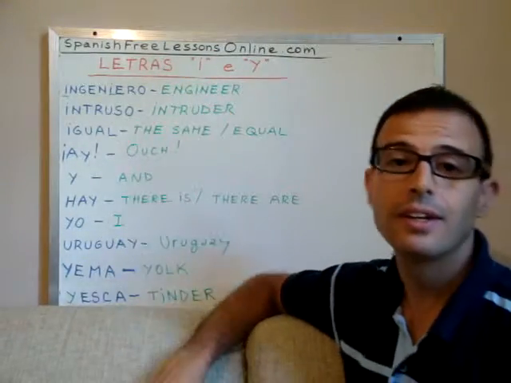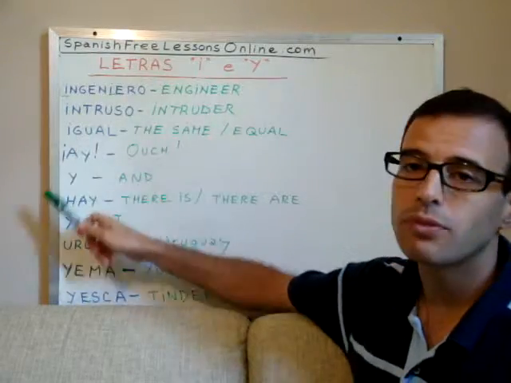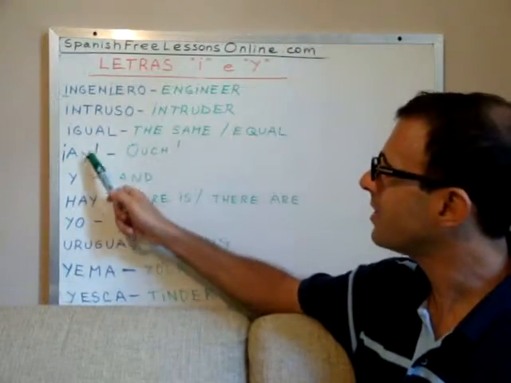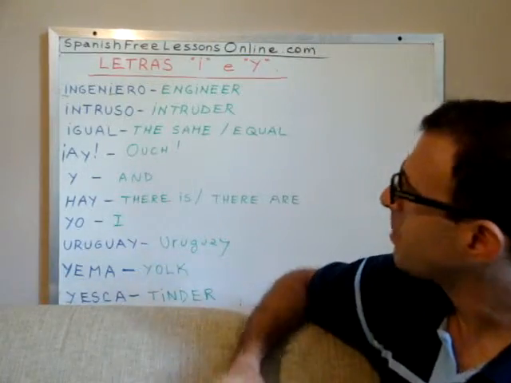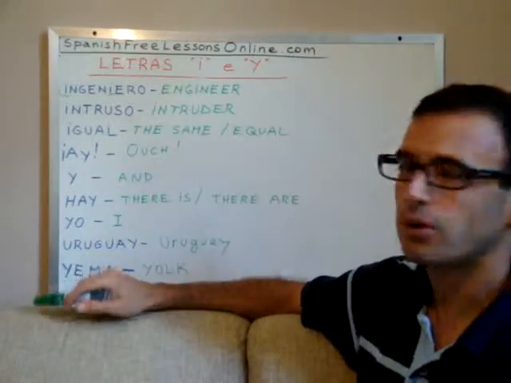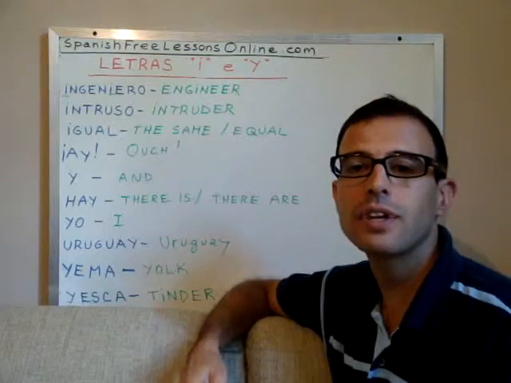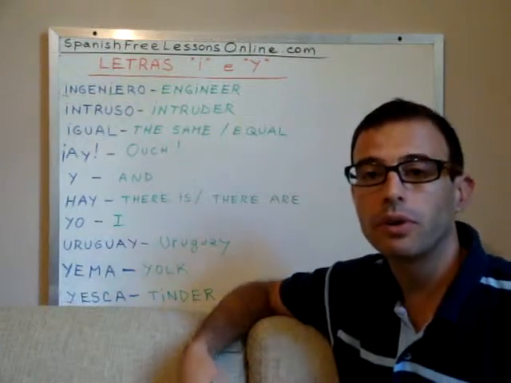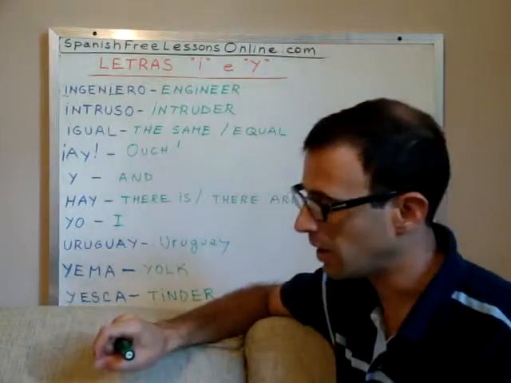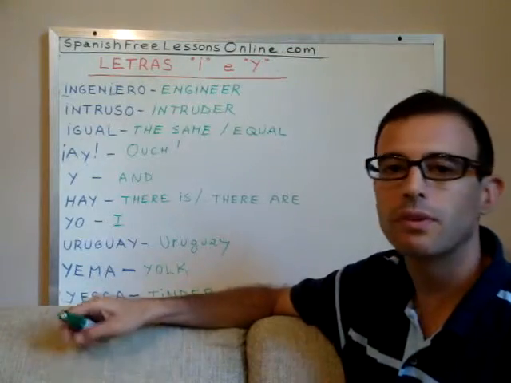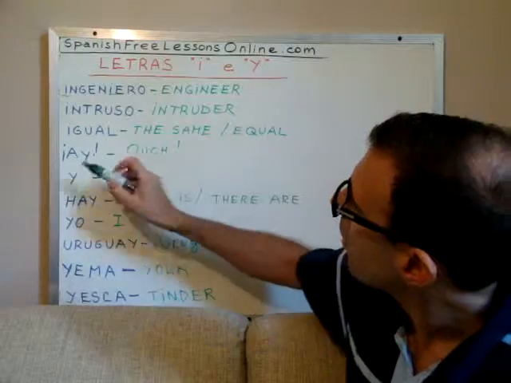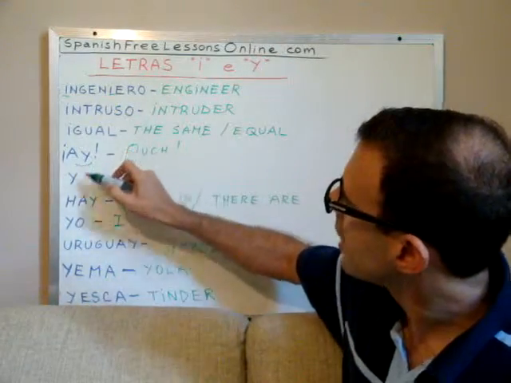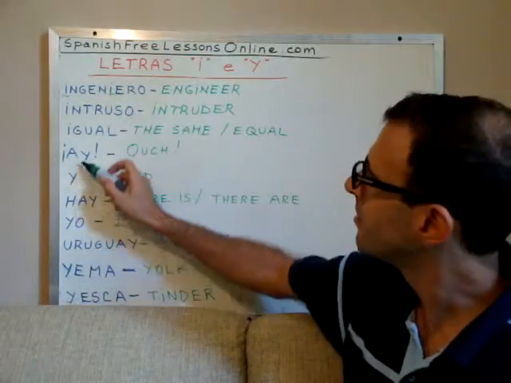It's always pronounced I when it's at the end or standing by itself. For example, ay, or ouch, right? The Spanish exclamation when you're hurt or when something pinches you or bites you, it's ay, ay, okay? So this Y is pronounced I, ay.